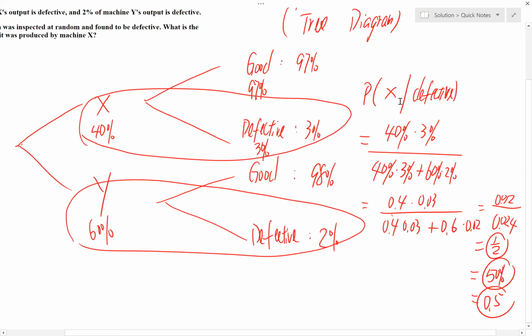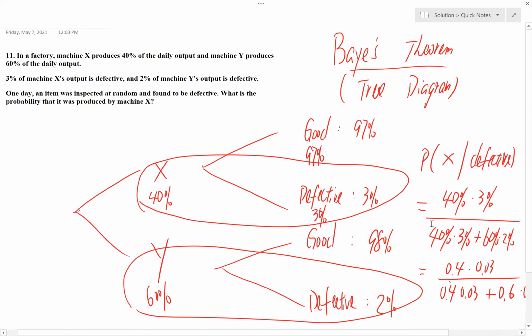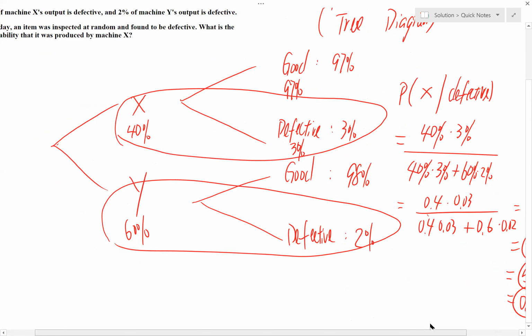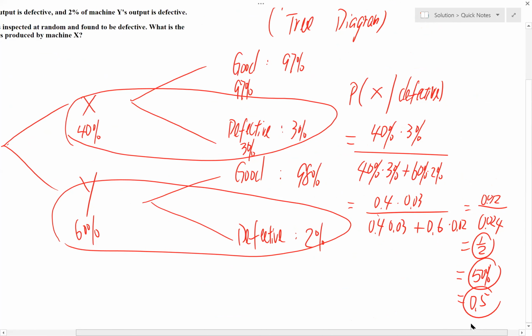Here we try to find out the percentage of the defective items coming from machine X, right? And two machines both produce defective items. So you want to find out the percentage of defective items produced by just machine X. And that's how we handle this. Any question on this last review question?